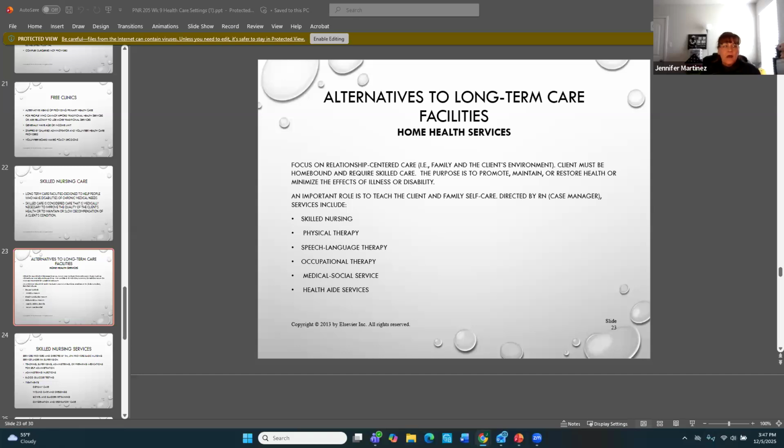Home health differs from hospital as well as long-term care, because there is an increased focus on relationship-centered care. So with home health, we are not only building a relationship with the client, right, but we are also going to build that relationship with the family or other caregivers.